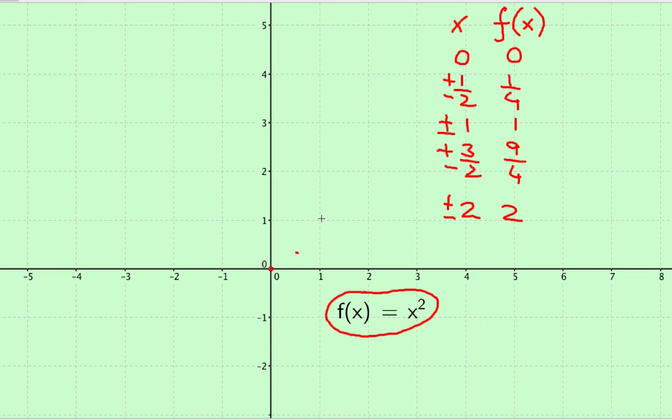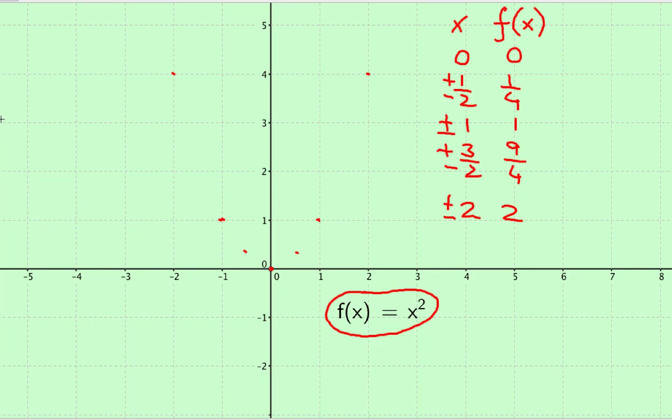Then at 1, I have 1, and I'll skip the other one. At 2, at 4. And now if I go on this side, I have these points here and here and so forth, and of course, the ones over here and here. If I join up these points, I will get the graph.